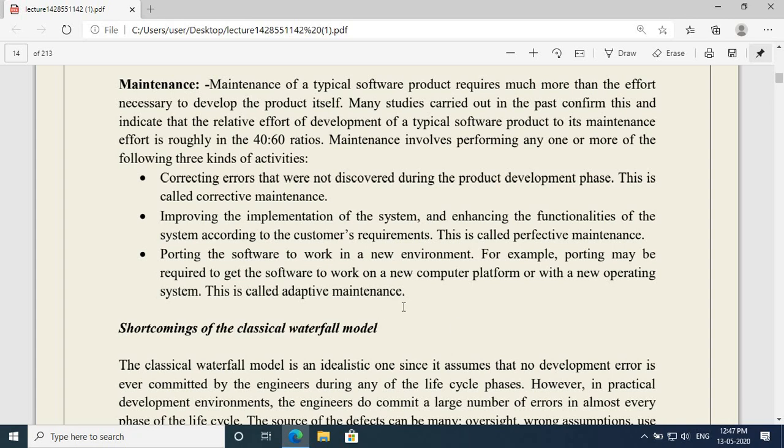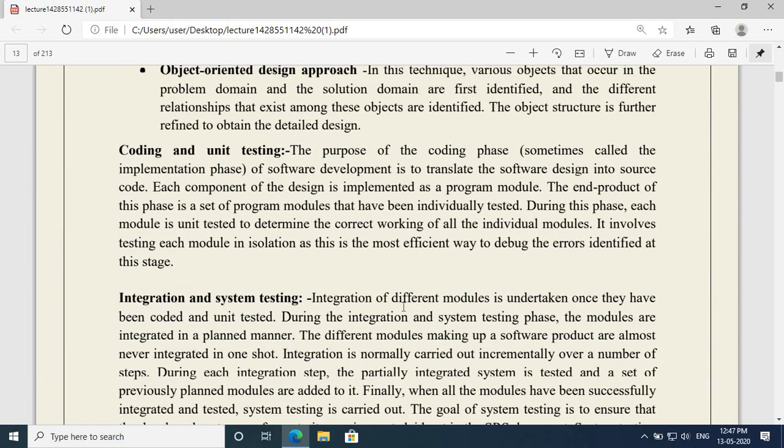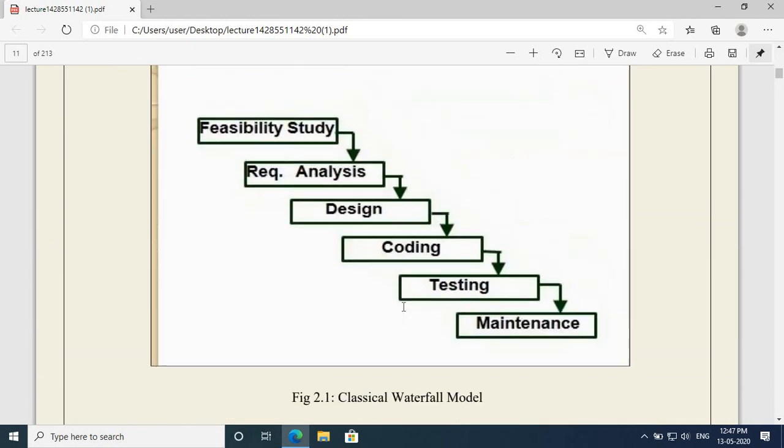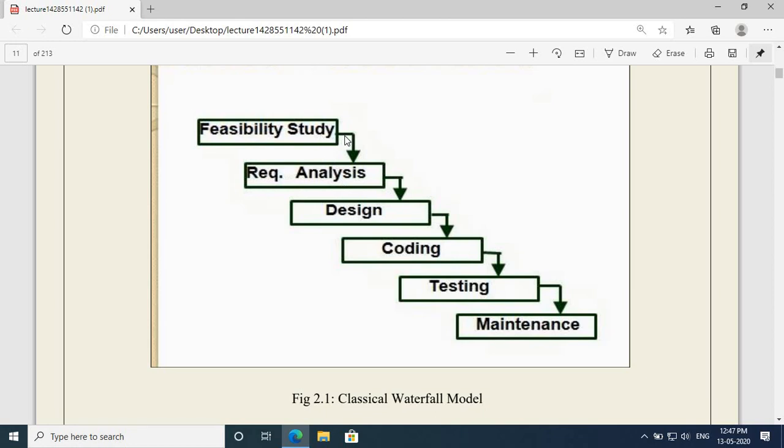So this is known as the classical waterfall model. What are the different steps? The first is the feasibility study. In this stage we check whether the software is financially or technically feasible or not. What is the requirement analysis phase? All the requirements needed to develop the software must be gathered in the requirement analysis phase and present in the SRS document.